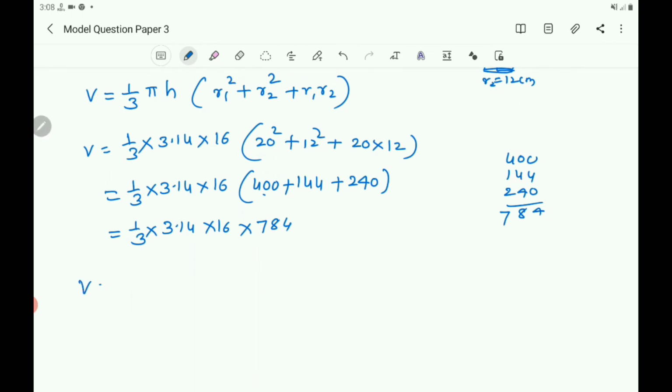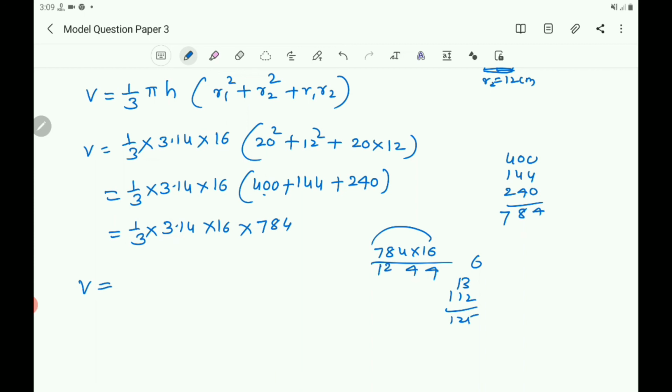So first you get the volume, that is 784 into 16. 16 4s are 64, 16 8s are 128, 128 plus 6 is 134, 16 7s are 112, 112 plus that becomes 125.